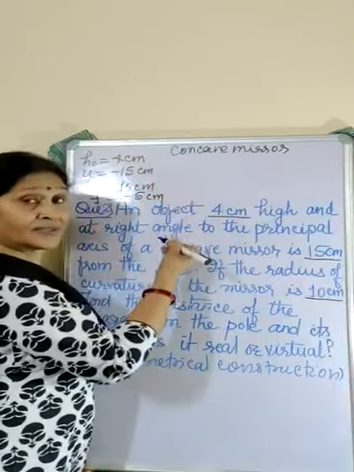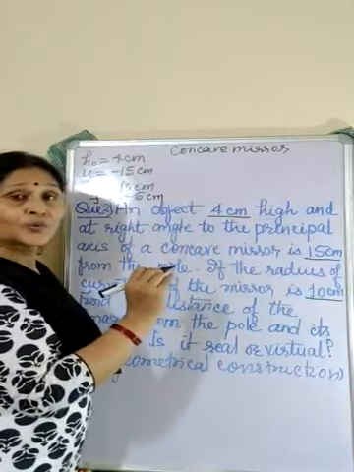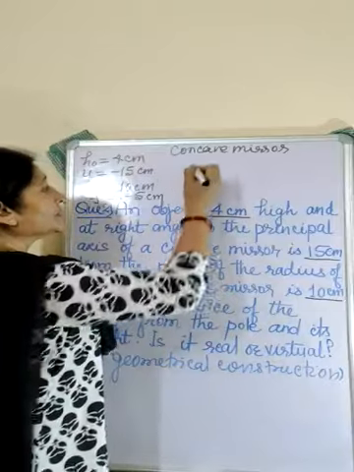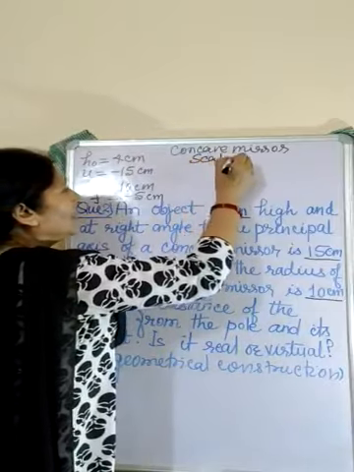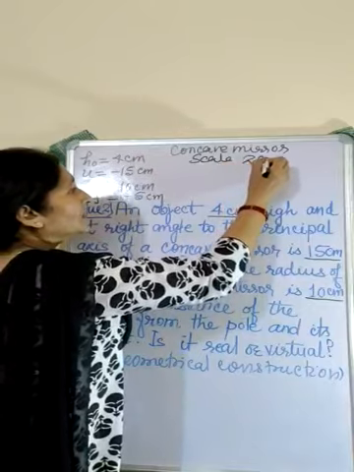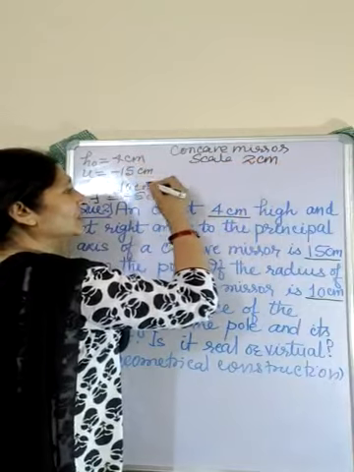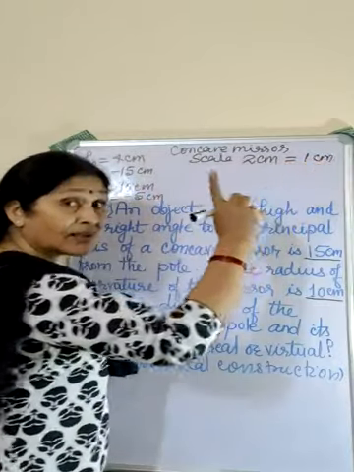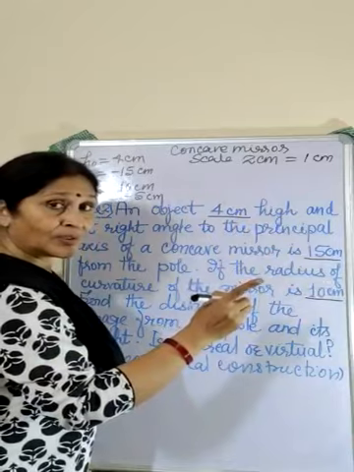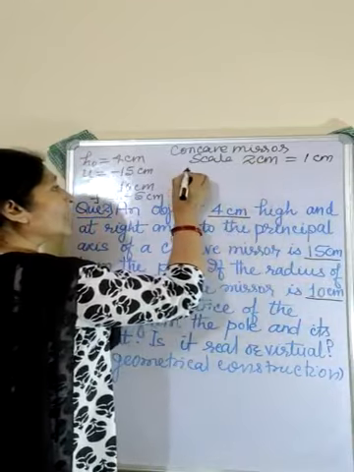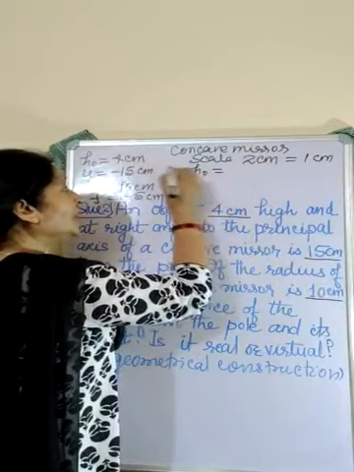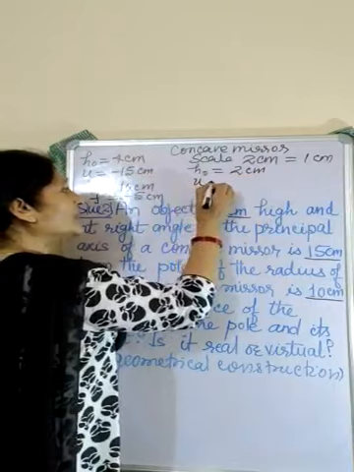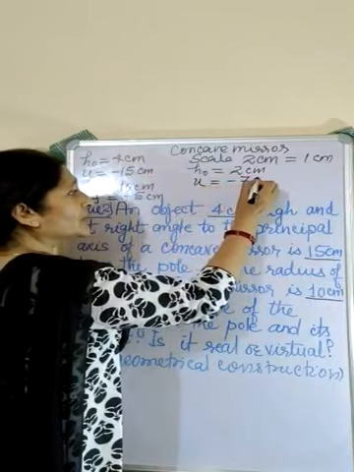After this, we have to choose a proper scale, and we choose it as 2 centimeter of the information given here will be equal to 1 centimeter in the graph paper. Understood? And according to this scale, height of the object will be 2 centimeter. Object distance will be minus 7.5.